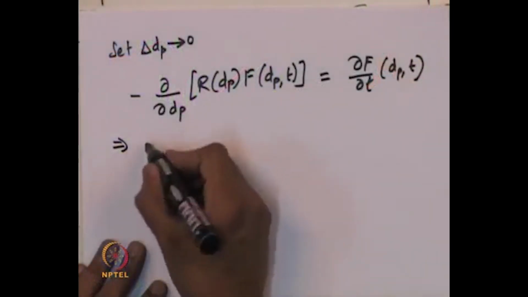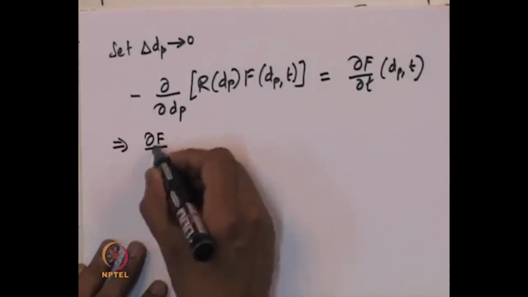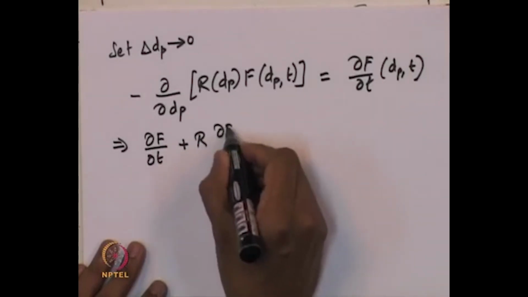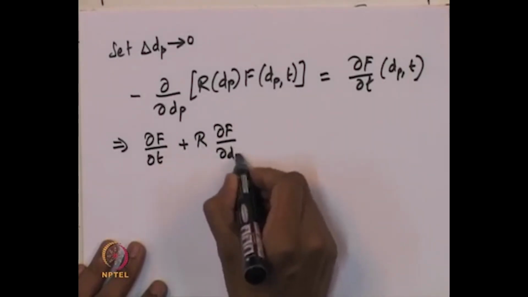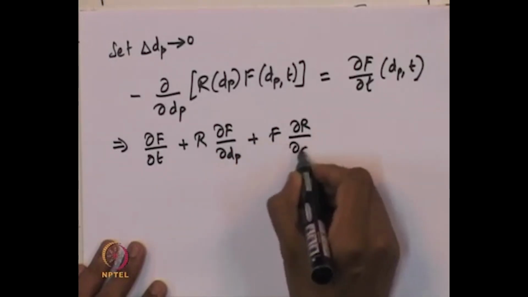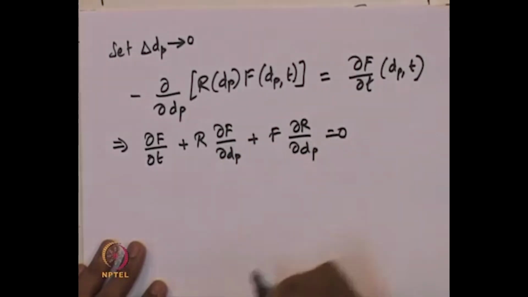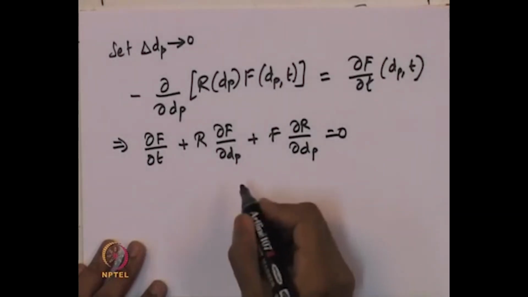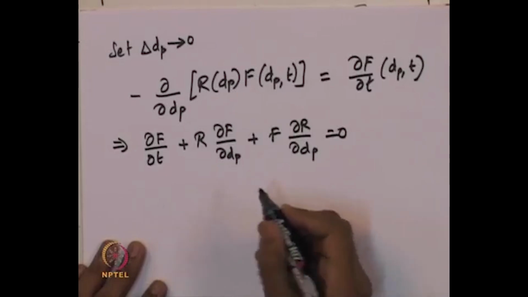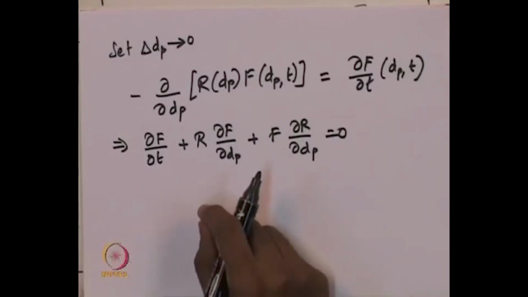Now, this can be rewritten as df by dt plus r into df by d dp plus f into dr by d dp, equal to 0. Here r of dp is essentially the growth rate of the particle of size dp, and in the earlier case, where the particles were monodispersed, we found the growth rate.